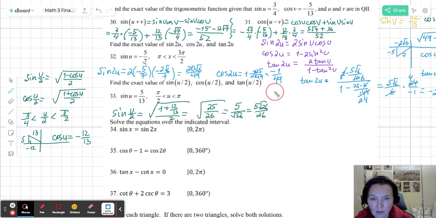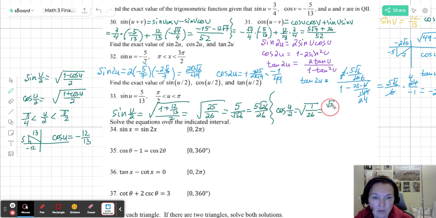For cosine of u over 2, we're going to have a similar thing, but we will have a negative because it's 1 plus cosine u, so it has to be 1 now minus 12/13. And that is going to be 1 minus 12, that's 1/13 over 2, that's 1 over 26.